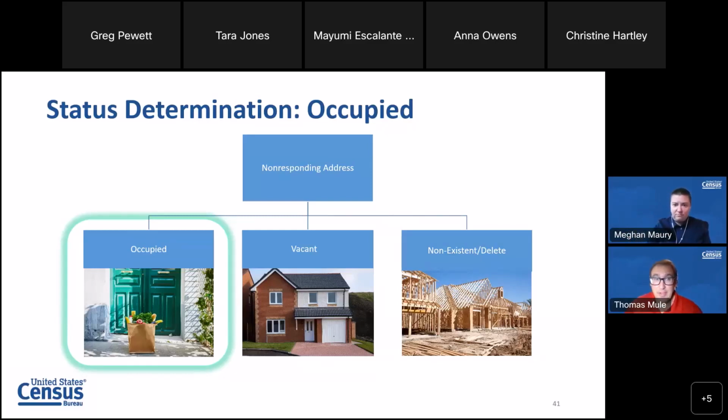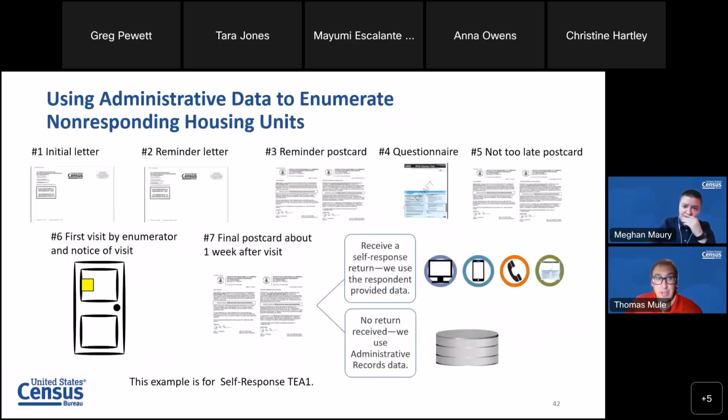Yeah, I'd be happy to do so. So with the next slide, this gives an overview using our self-response type of enumeration area. This is the numerous ways that we attempted to contact households during the 2020 census to encourage them to respond.